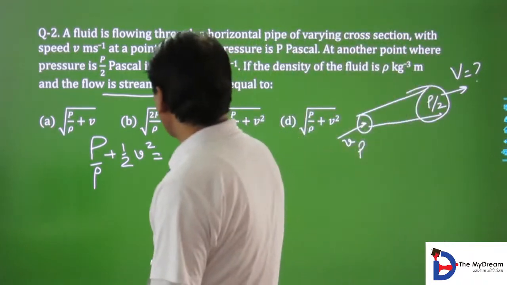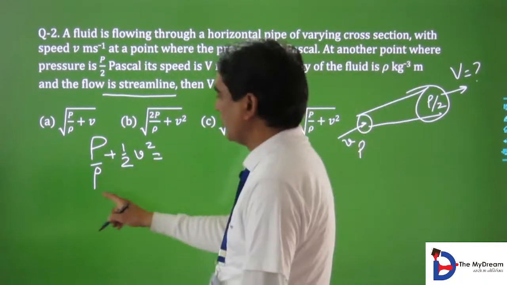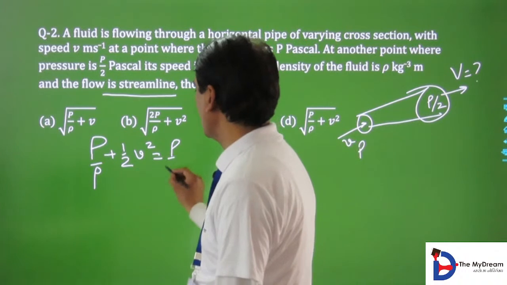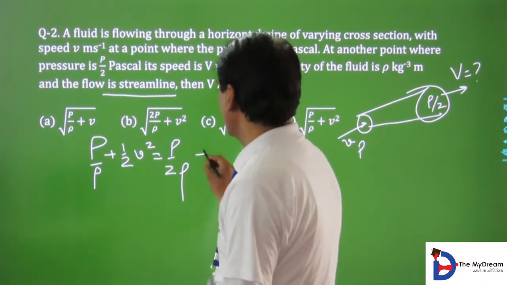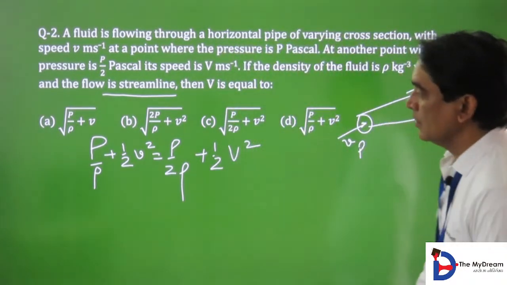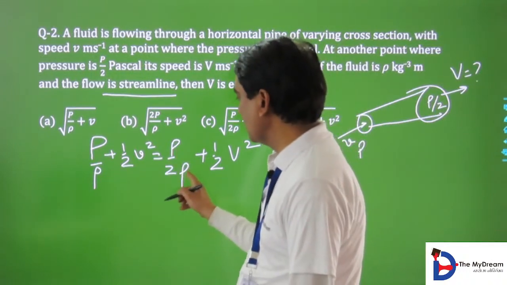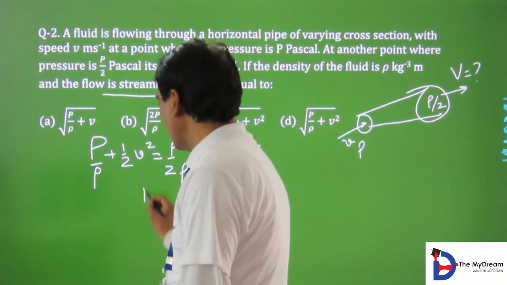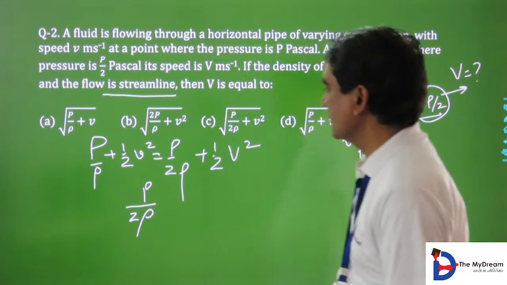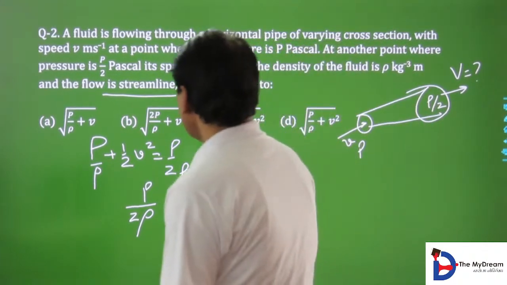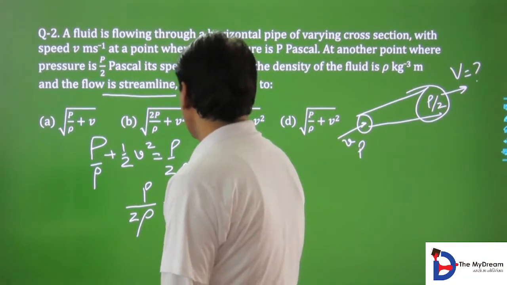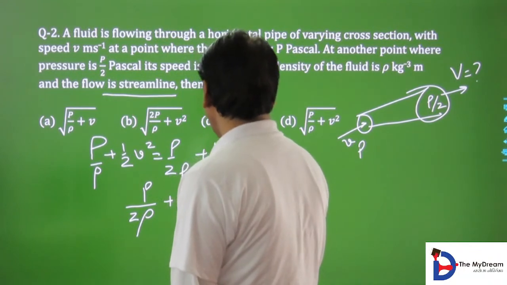So the pressure at this end is P by rho plus half V square according to the Bernoulli principle. This is P by rho plus half v square, and this is P by 2 rho plus half capital V square.